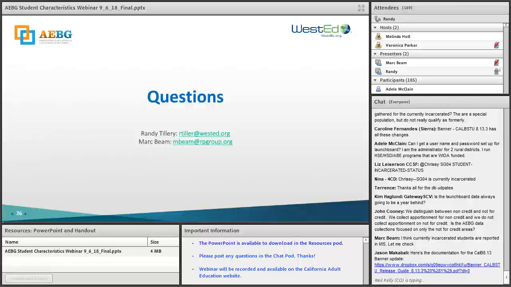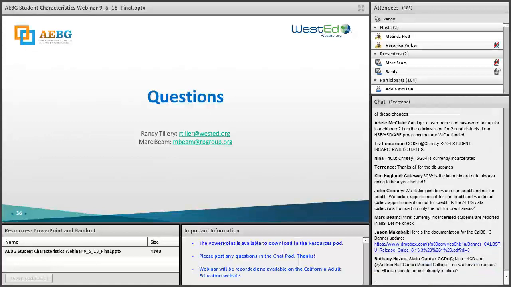Because we only have one year of K-12 adult school data from 16-17, and we don't have access to data for 17-18 yet, but we will be getting that soon, there are certain data elements that don't have anything in them, such as transition to post-secondary, which we have for non-credit programs, but not for students transitioning from K-12 adult schools into community college programs. We will have that in the second build, which will be up in January.